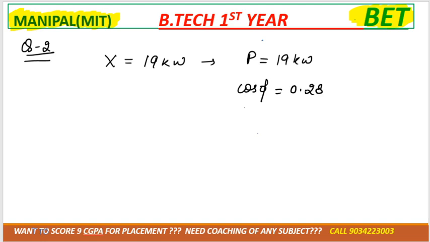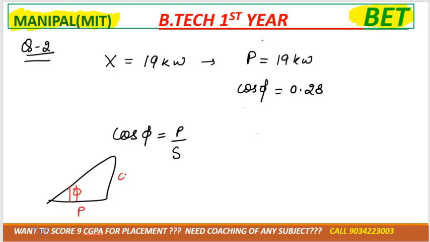If then the total reactive power, as you know the formula, cos phi is equal to P by S. If we draw the power triangle, this is phi, this is P, this is Q, and this is S, right? So tan phi is how much?